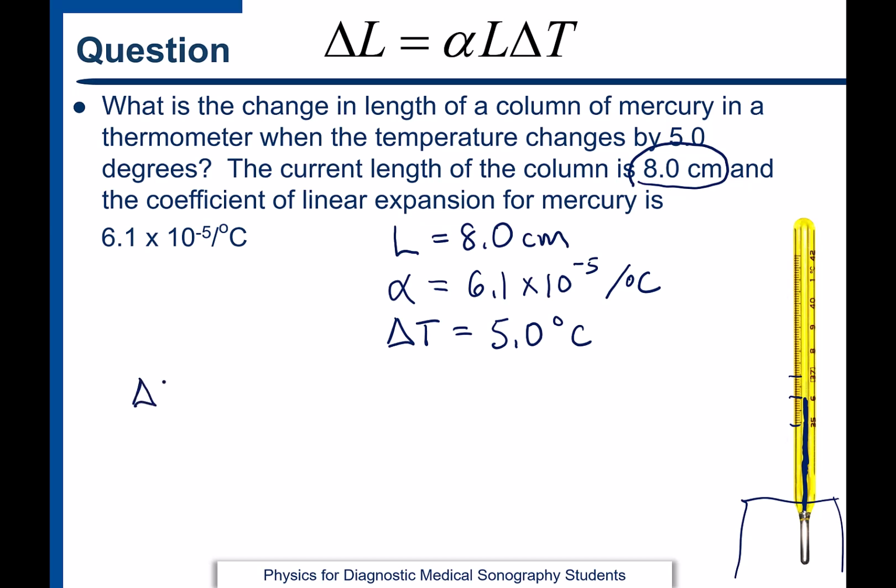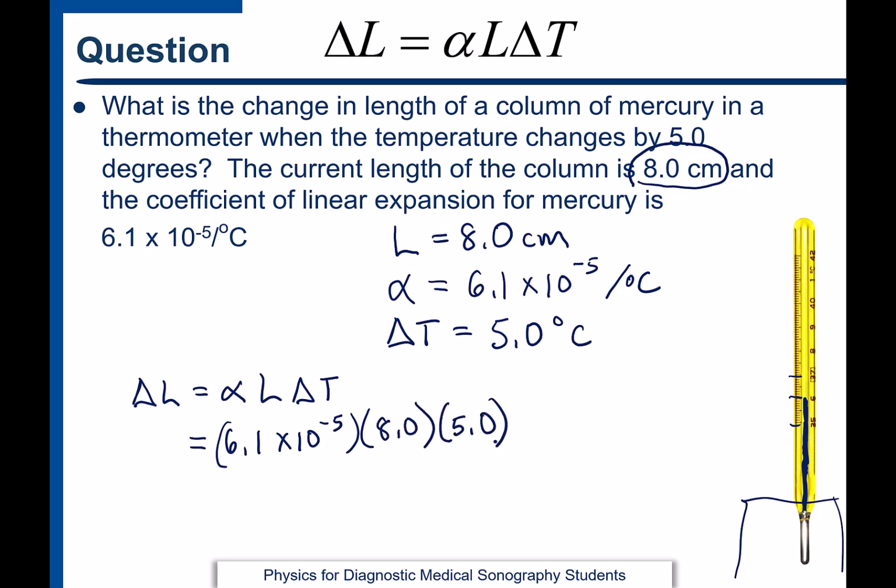We have delta L is equal to the coefficient of linear expansion times the length times delta T. So we get 6.1 times 10 to the negative fifth times 8 times 5. And if you work that out, you should get 0.00244.